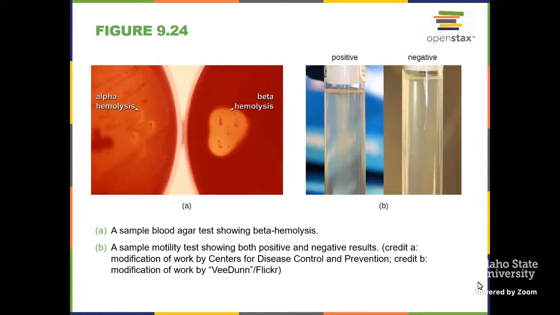And staph on your skin, all fine and good, but you get a wound where it gets in there, and now all of a sudden it's got access to blood, and it's super happy, and it grows very rapidly, and in turn potentially can cause some serious infections in those circumstances. Same with pyogenes, all right? This image, I feel like they could have maybe gave us a better picture than this.